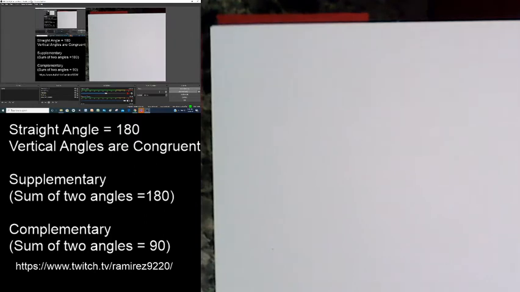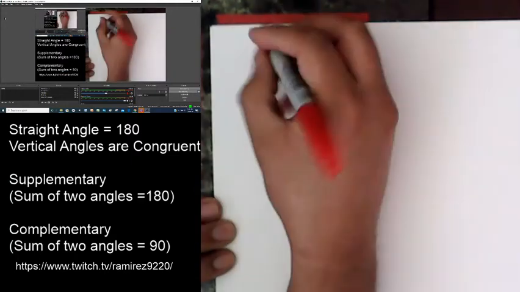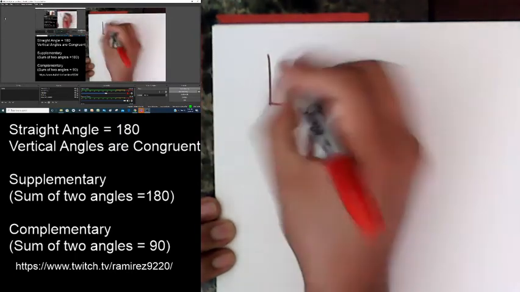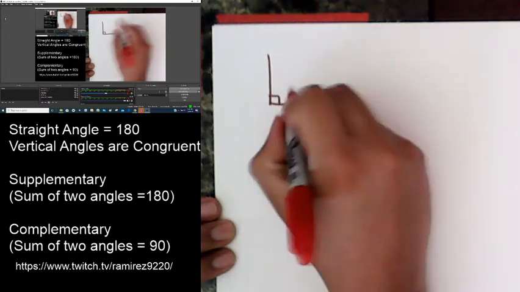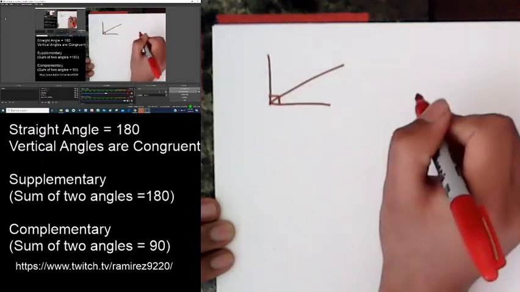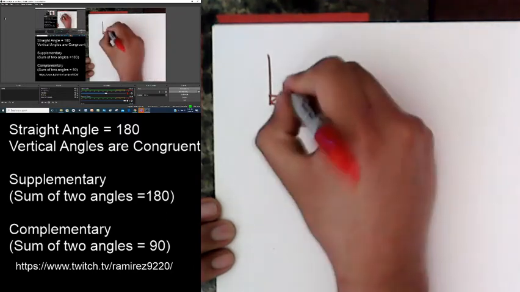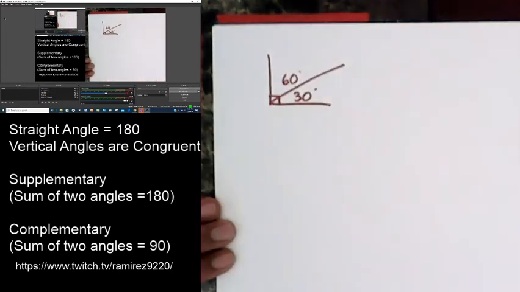Alright, so now I just need to talk about complementary angles. Complementary angles are when two angles add up to 90 degrees. Usually, you'll start off with a right angle of some kind, and it'll get sliced somehow. Let's say this was 30 degrees, and this up here would have to be 60 degrees.